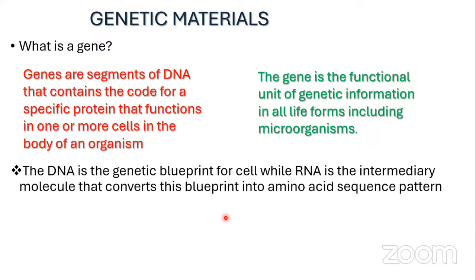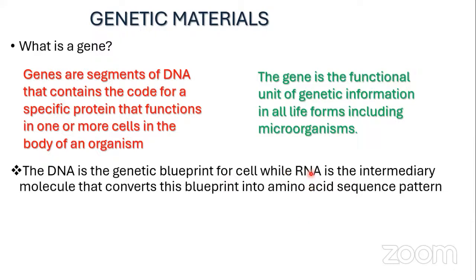The DNA contains coded genes, but the RNA decodes it. It is the duty of the RNA to decode it. Once it decodes it, it carries it on for synthesis. That is why we have three types of RNA.